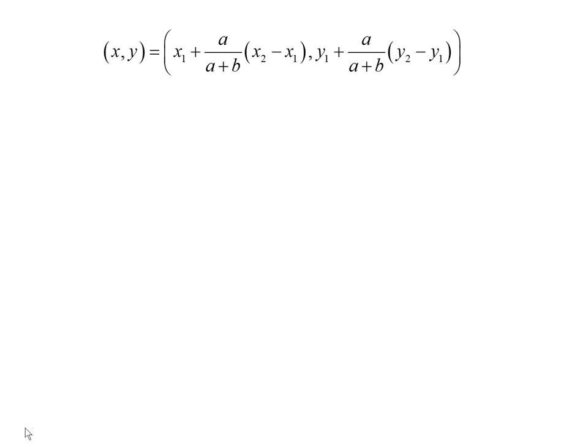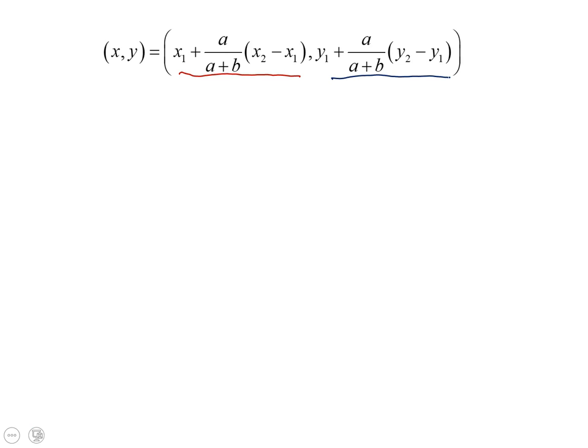The first thing I noticed is that I have two different formulas here. I have the one for x shown right here, and I have the one for y shown right here. These formulas are almost identical to each other, with the exception that one has x's and the other one has y's.